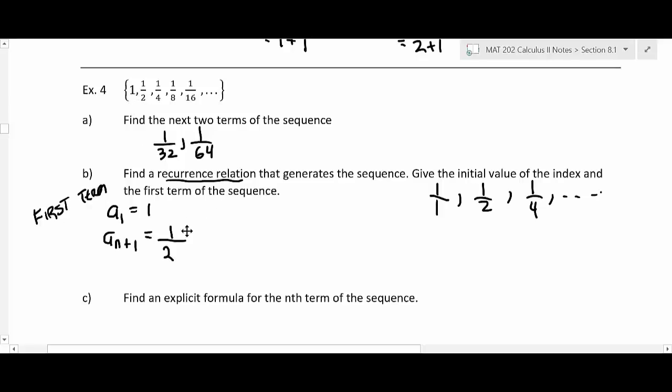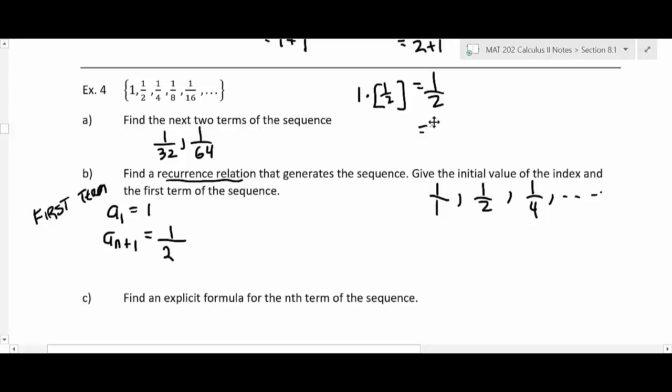Then something is changing in there. So what we need to think about is what did we do to a 1 to make it become a 1/2. Well, what are we doing? We're multiplying it by 1/2, right? Okay, and that would be how you get that second term.